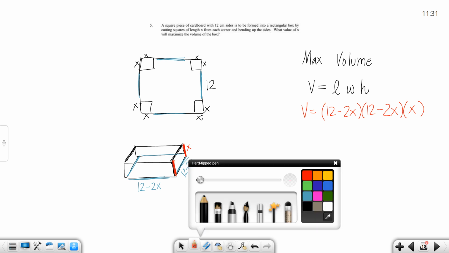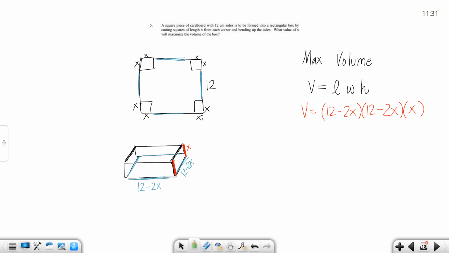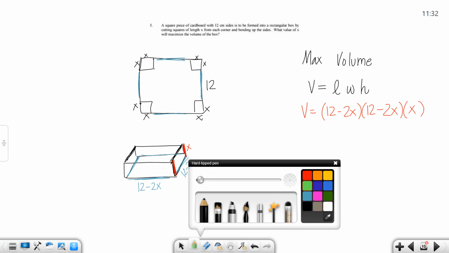So again, how we got it, just one more time. If we took this whole side 12, and we took out this little piece here, and we took out this little piece here, what would be left would be 12 minus 2x. Okay, so this is the formula that we're going to be using. Let's go ahead and multiply it out.